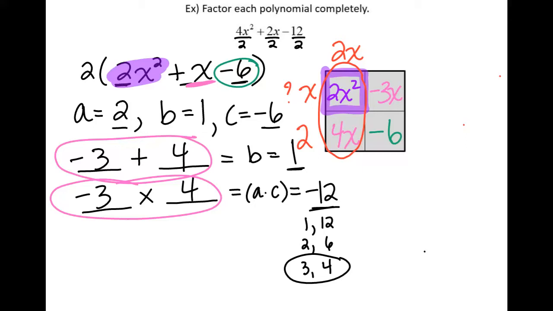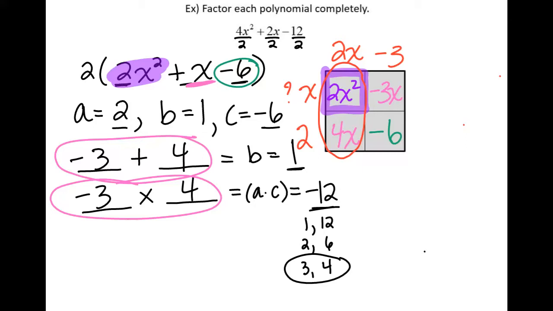Then for the other one, I'm trying to match it to a negative 3x. So x times what will give me negative 3x? A negative 3. I'm going to put up here a negative 3. And then just double check. Does 2 times negative 3 equal negative 6? Yes, it does. That means that I did it correctly.